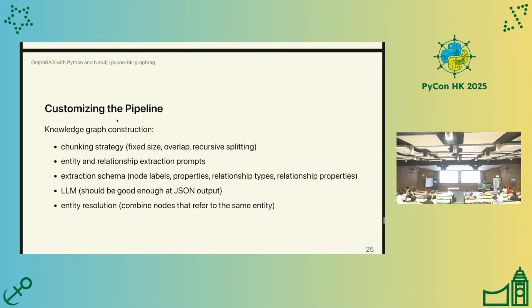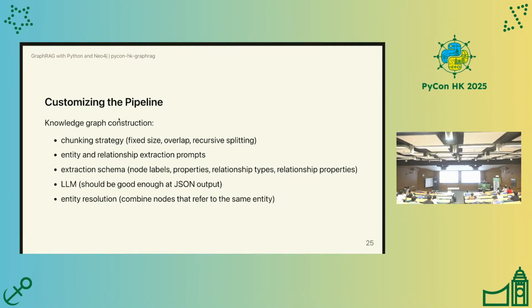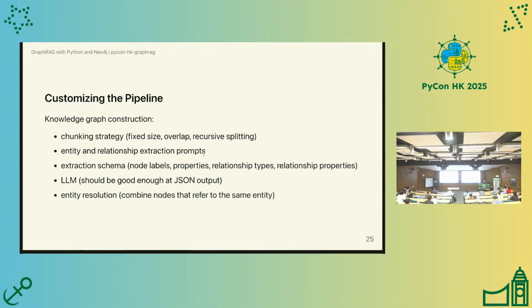So that's most of the details I want to cover today. I'll just wrap up with a few things to be careful about when you're making a pipeline. Chunking strategy matters, obviously. You have to define the chunks. Better chunking will give you more coherent results. Extraction prompts, you can try to tune them.